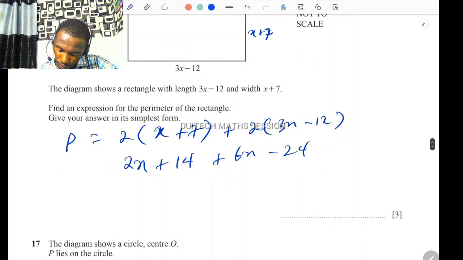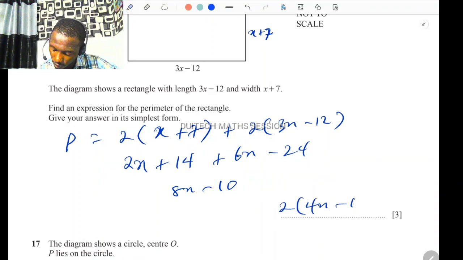So now I have 8x, right? 14 minus 24 gives us minus 10. So what is common there? 2. So we have 2 in bracket 4x minus 5.